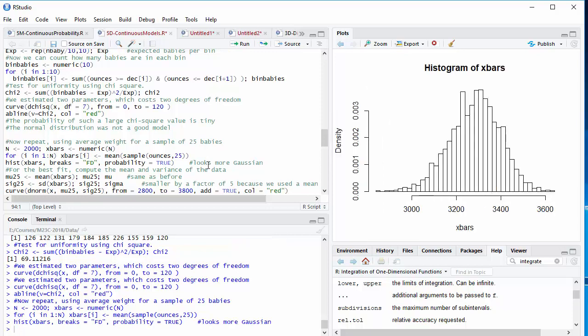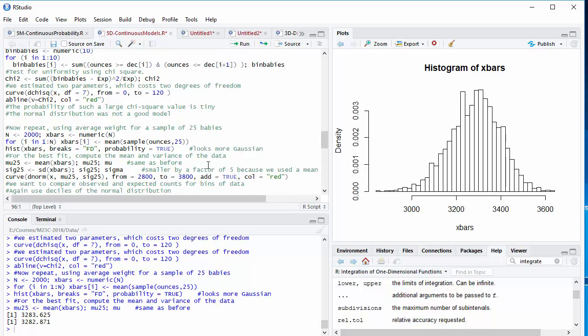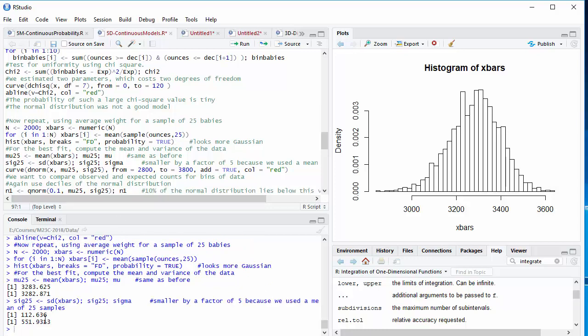Now this is looking a bit more bell curve-like, and we can test that hypothesis by computing its mean. Well, big surprise, the mean of samples of 25 is the same mean that we had before. That's not going to change. And in fact, the standard deviation, which was 551 for the individual babies, is smaller by a factor of 5.